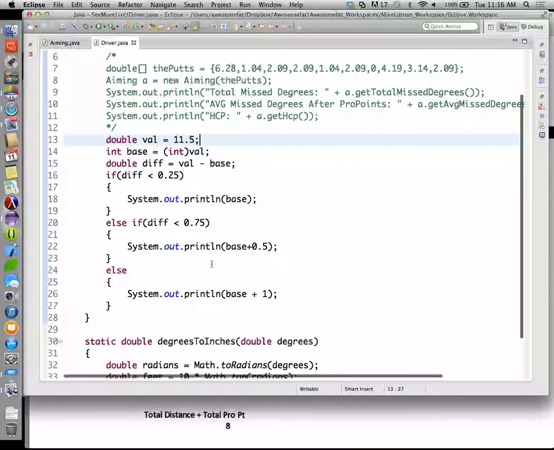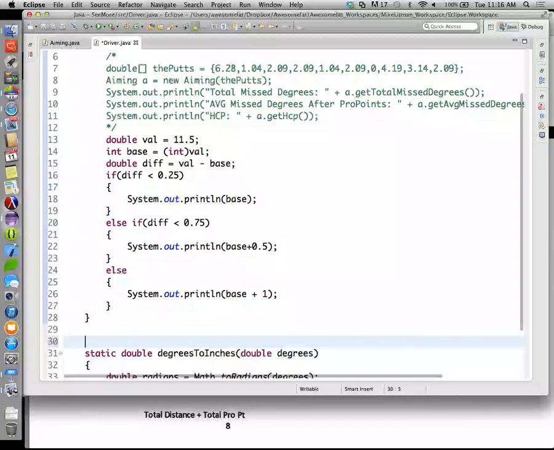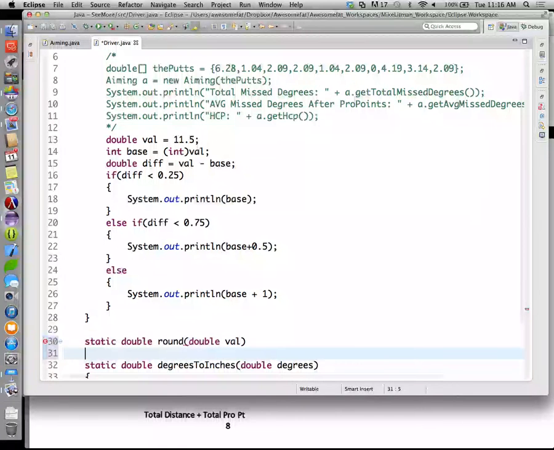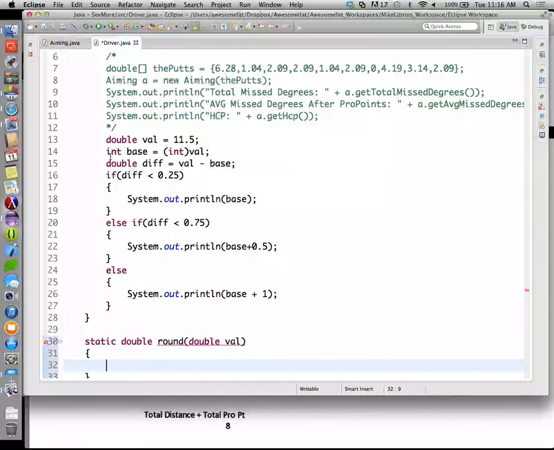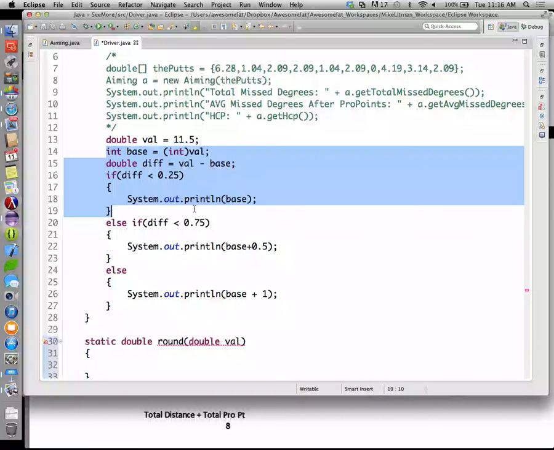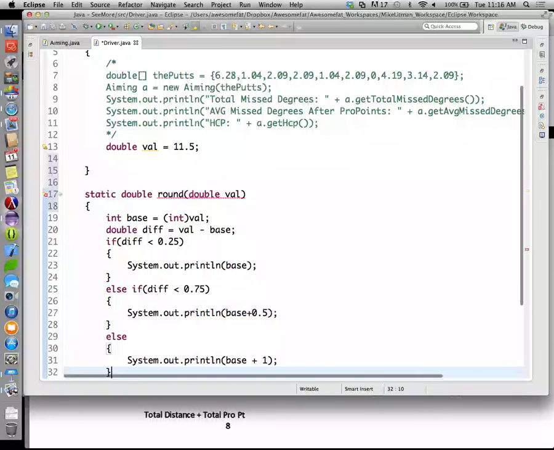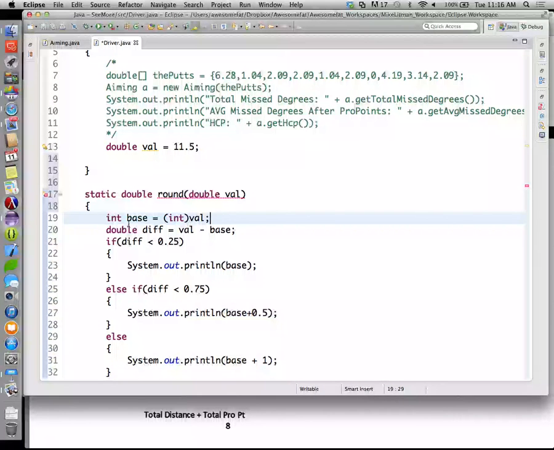So now we can wrap this into a rounding function. Static double round. It takes a double val as a parameter. Steal this code for a second. Then we'll have our base.